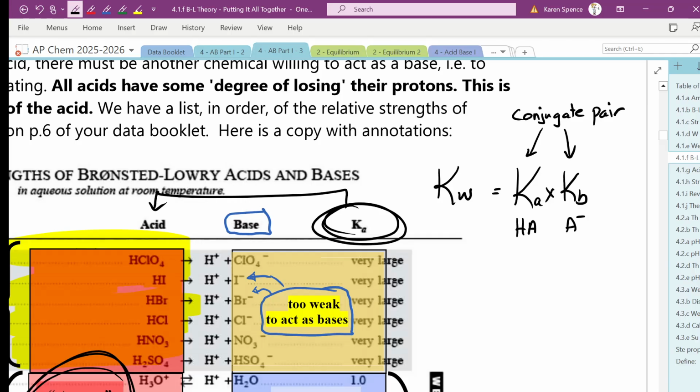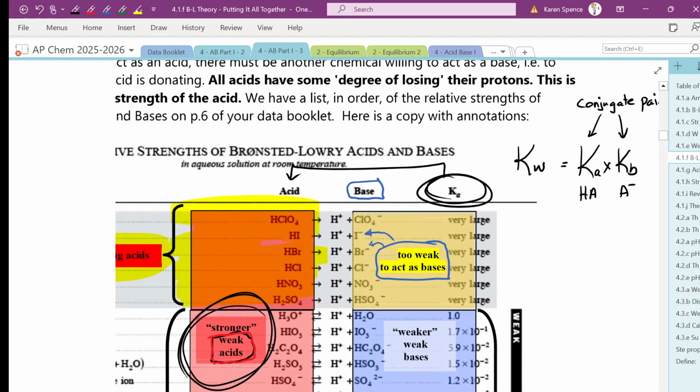So if the Ka is bigger, then Kb will have to be smaller. If Kb is bigger, then Ka will have to be smaller. Okay, but like I said, we're not actually dealing with Kb until Unit 5, so that's just a little preview.